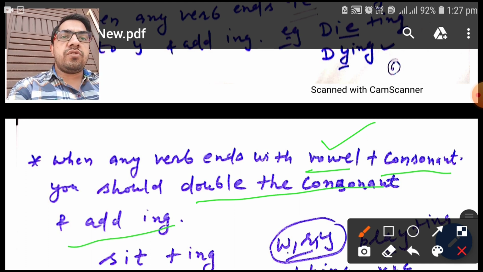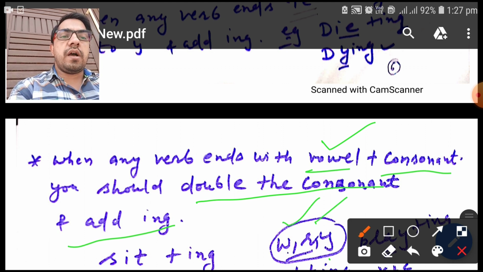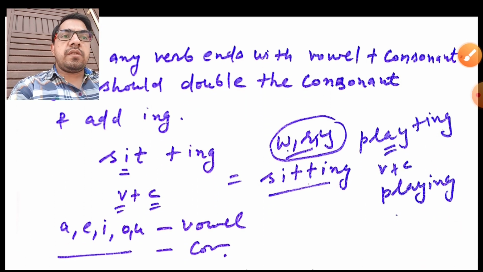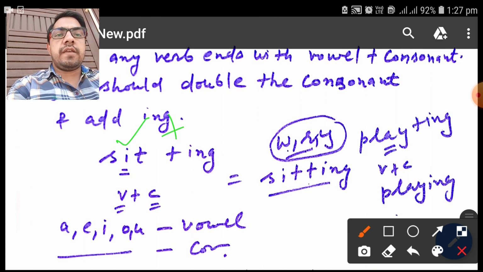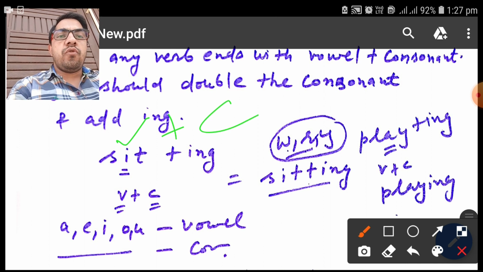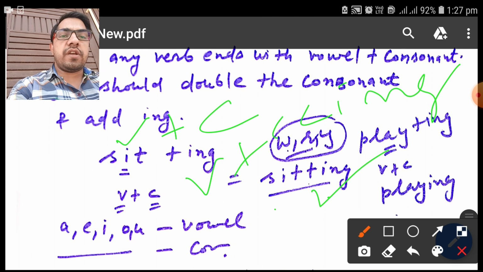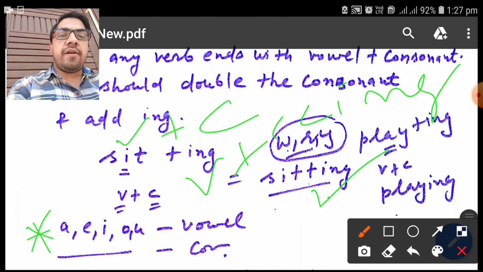We should not use this rule with these three consonants: w, r, y. This is the example: sit. I is the vowel here and t is the consonant. According to the rule, we should double the consonant and add ing: sitting.